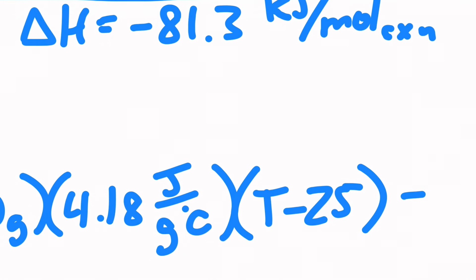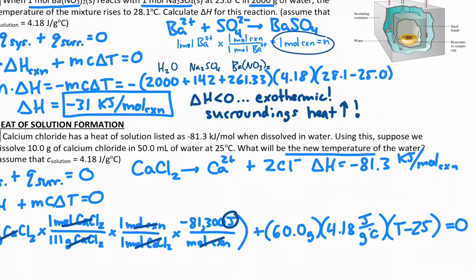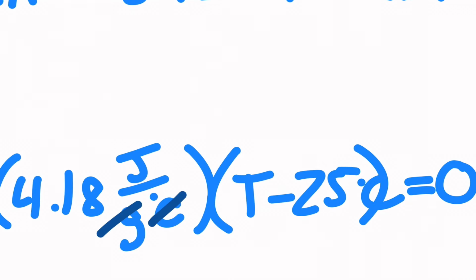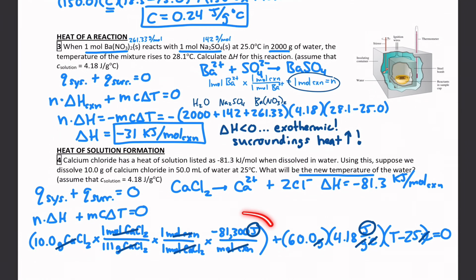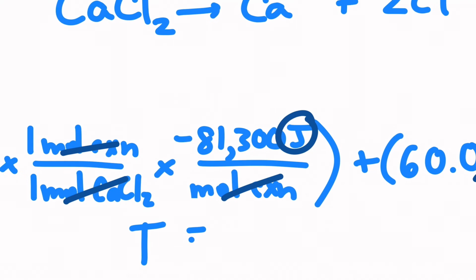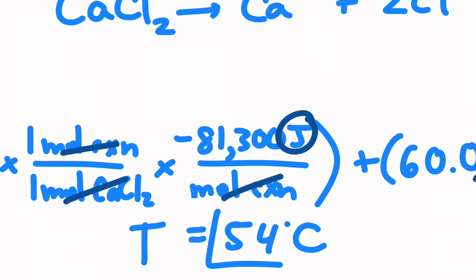So at the very end, I just say equal to 0. And I can also check my units, grams, grams, Celsius. And then I didn't write it, but this is Celsius. So we have joules. So joules plus joules works out. If I didn't convert my delta H, I would have to, so that the joules become compatible. So I get one big equation, I do the math, I solve for T, you get 54 degrees Celsius.